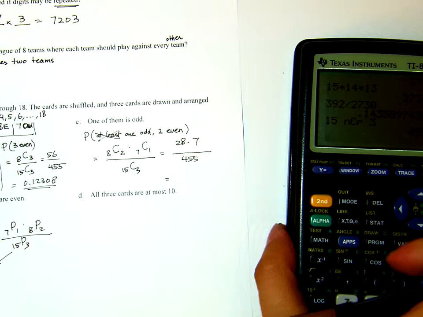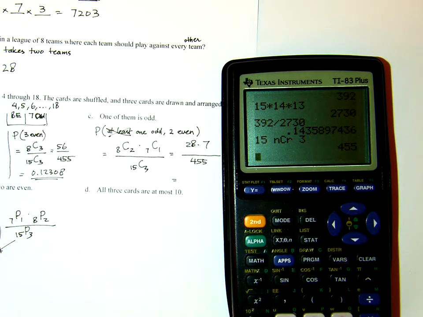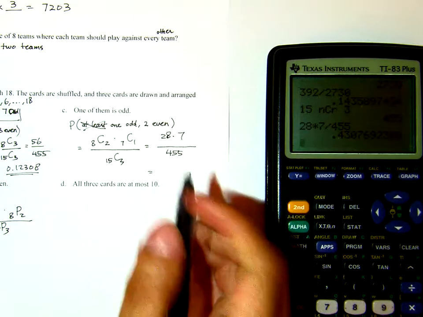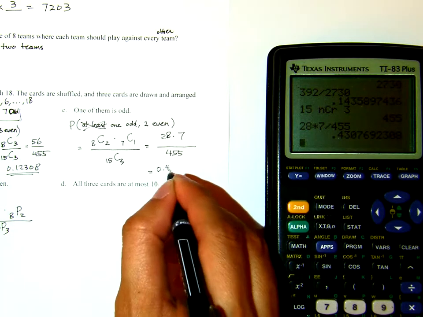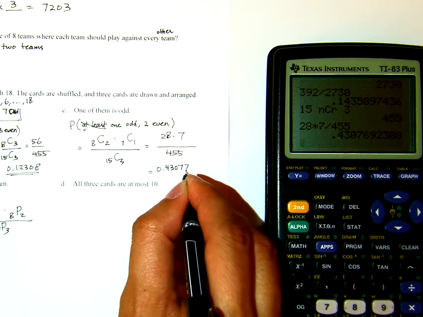So if I make it decimal, that will be 28 times 7 divided by 455, that is 0.43077.